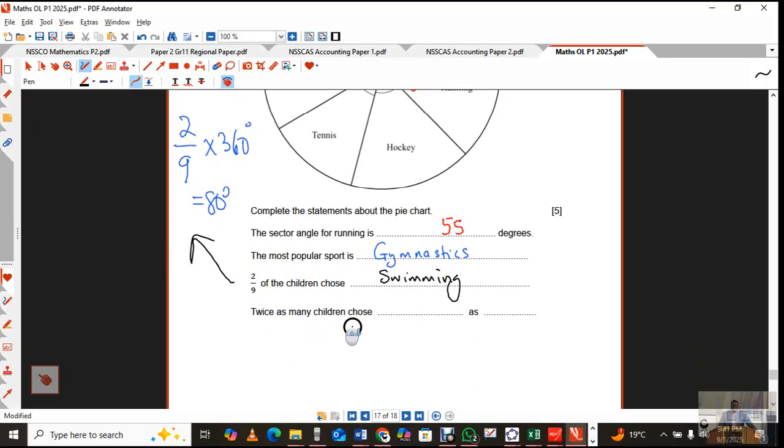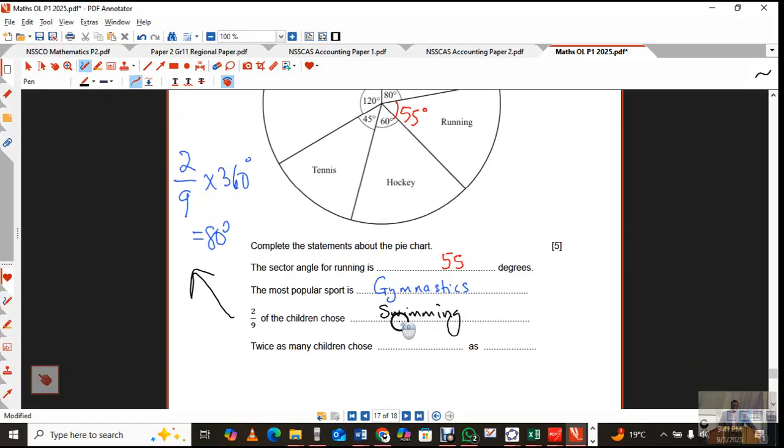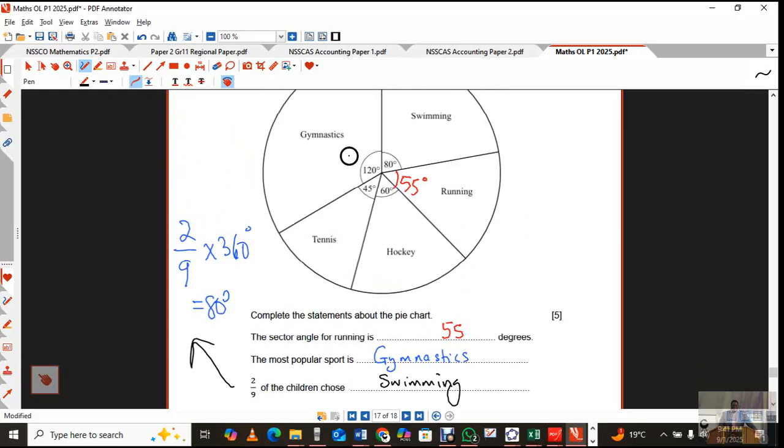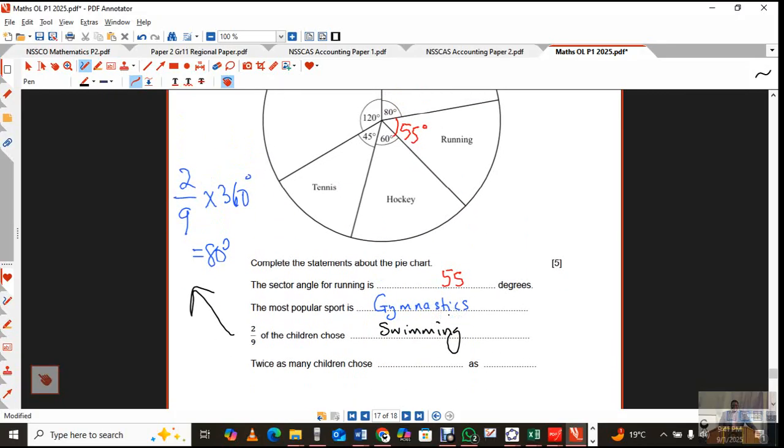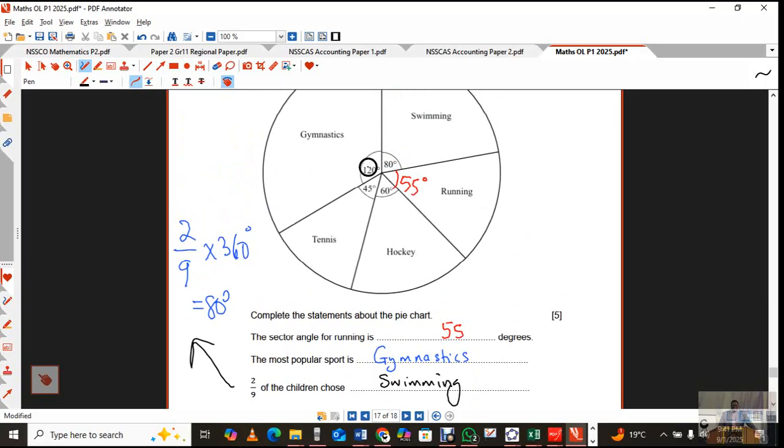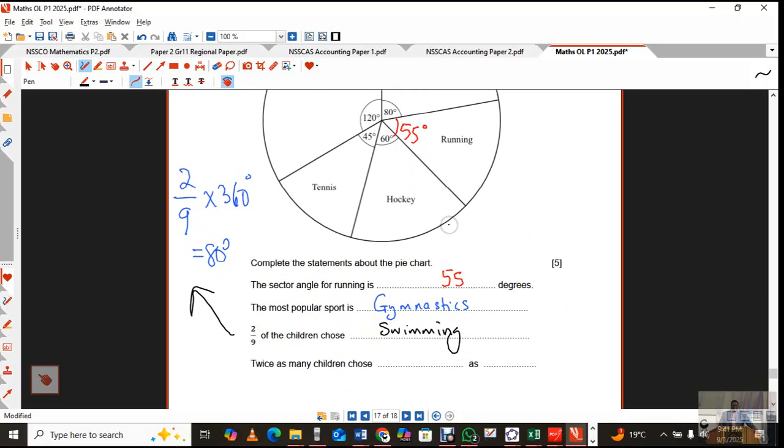So twice as many children chose gymnastics as opposed to choosing hockey.